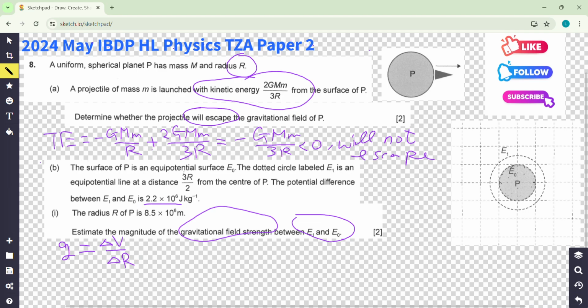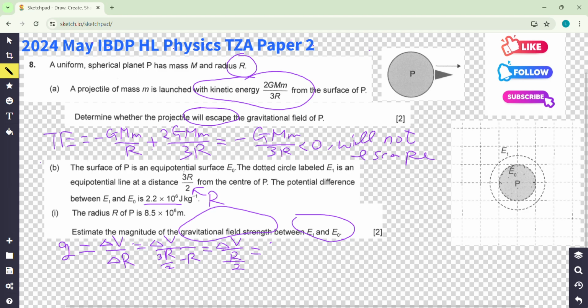So we define the change of R, from E0, it means R, to 3R over 2. So the change is 3R over 2 minus R, or just half the R, right? Yeah, half the R. So delta V over R over 2.